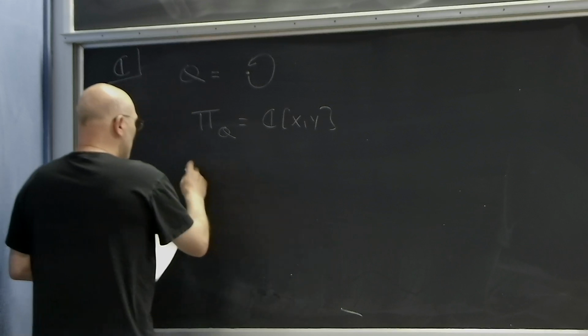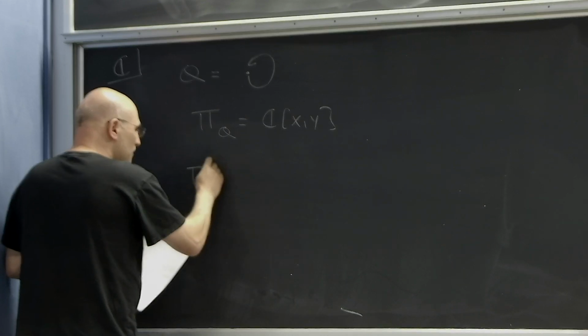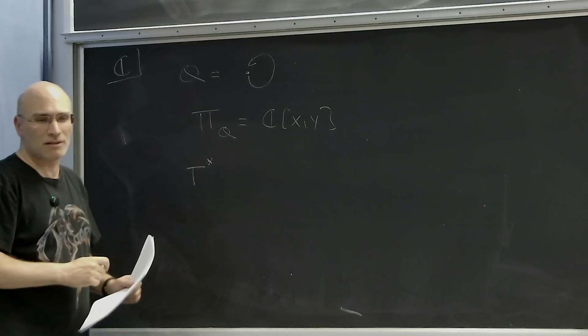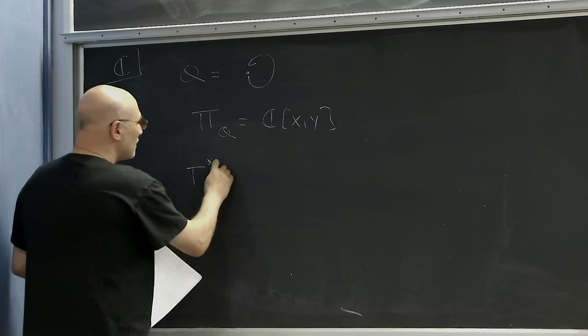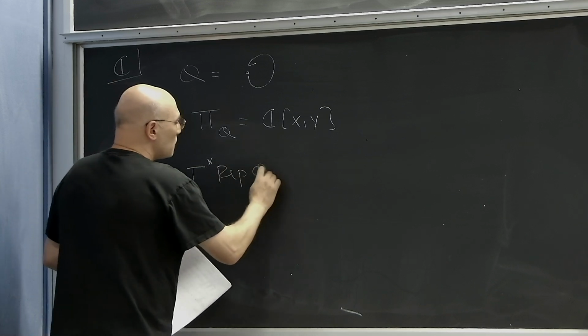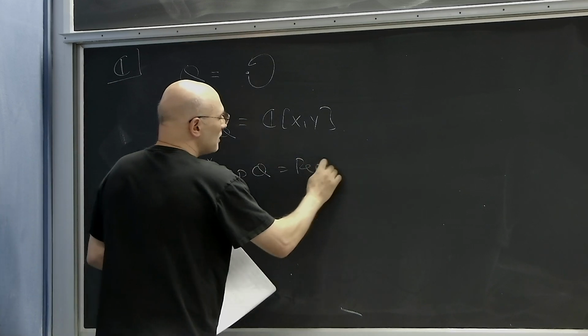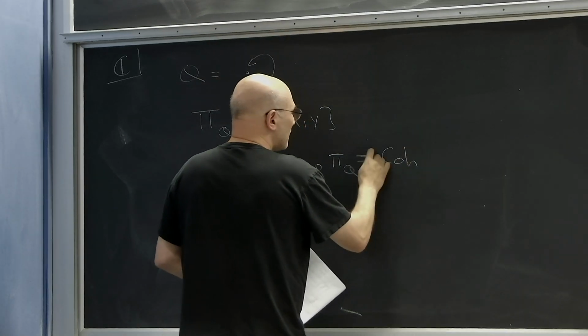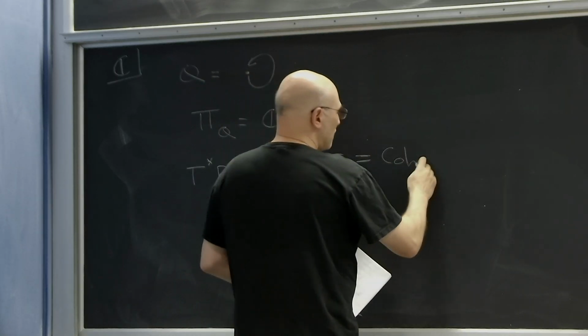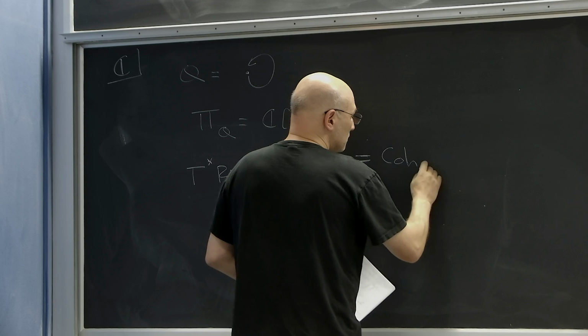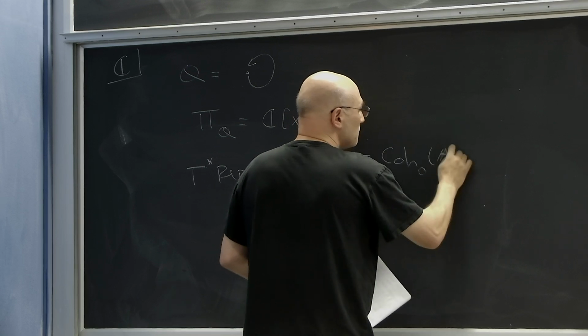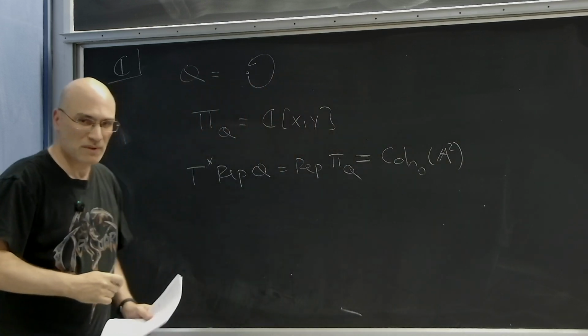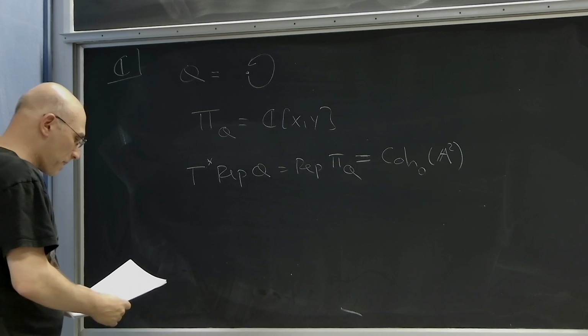And so the moduli stack that we were building, the pre-projective one, so this T star of rep Q, or if you want, rep pi Q, this is just the stack of zero-dimensional coherent sheaves on A2. Okay, that's it.